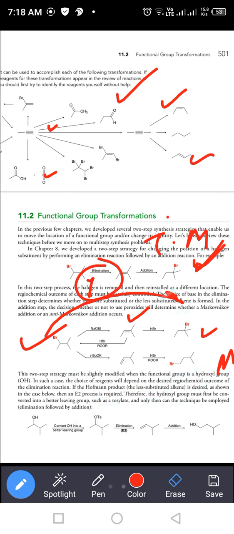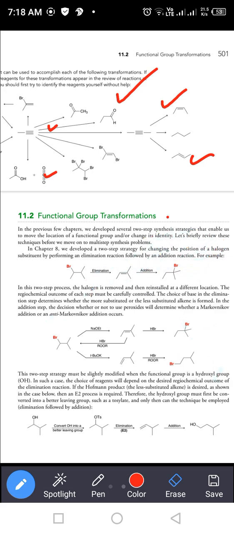If we don't have any idea about the reagents and the strategy to bring out the conversions, then it will be very difficult and maybe we will be in trouble to bring out this change. Some functional group changes are very difficult.